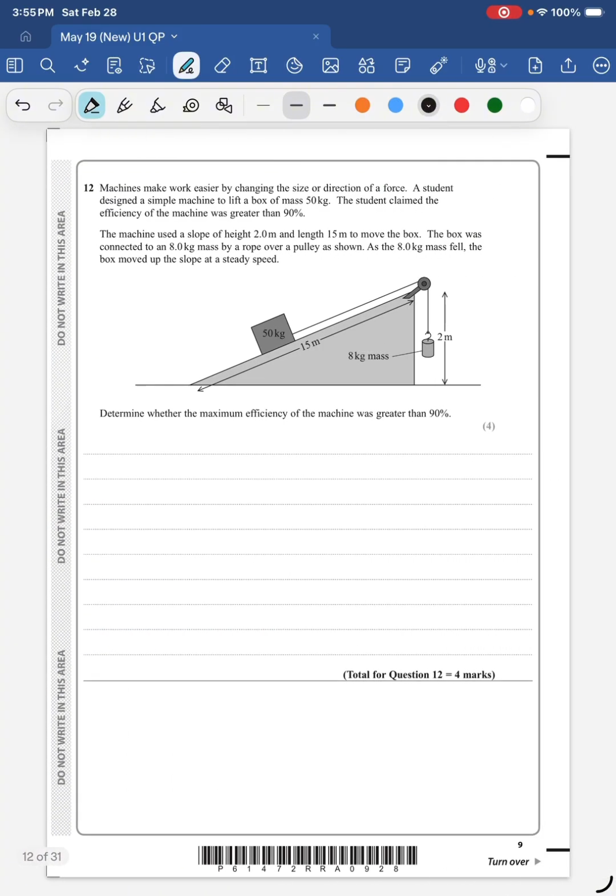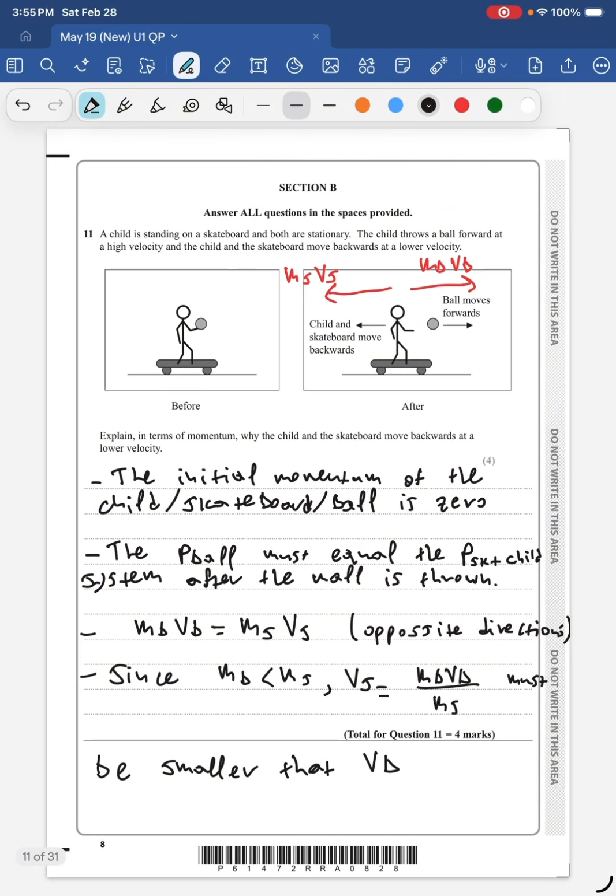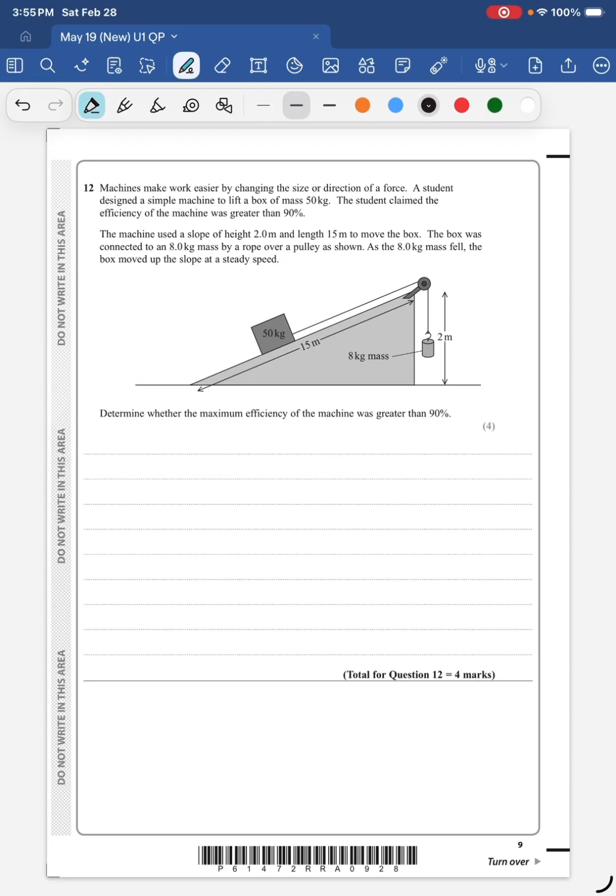All right, this was not that bad, right? Question 11. Let's see question 12. Machines make work easier by changing the size or direction of a force. A student designed a simple machine to lift a box of mass 50 kilograms. The student claimed the efficiency of the machine was greater than 90%. The machine used a slope of height 2 meters and length 15 meters to move the box.